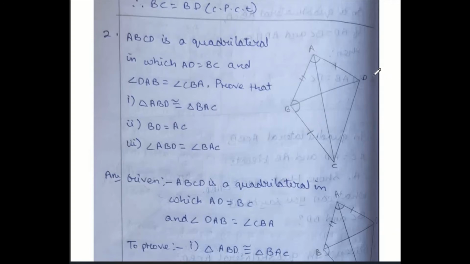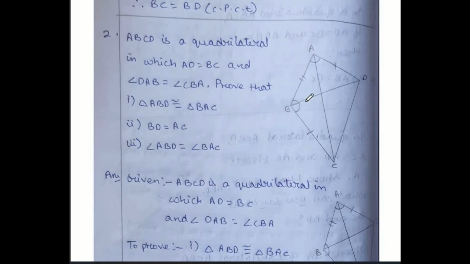Angle DAB and angle CBA, this angle and this angle are both equal. Then prove that triangle ABD, this triangle, and triangle BAC, you can see this triangle, I think. One is triangle ABD, another is triangle BAC. Both the triangles are congruent.